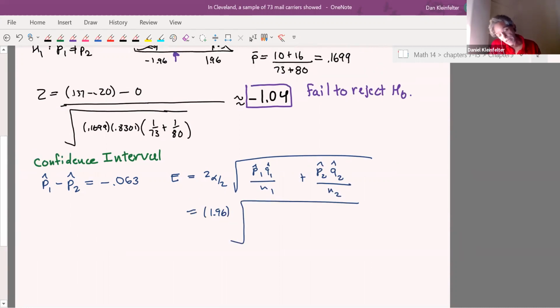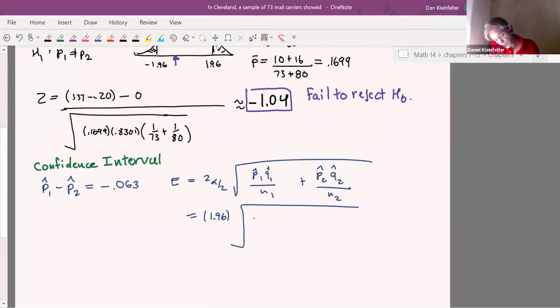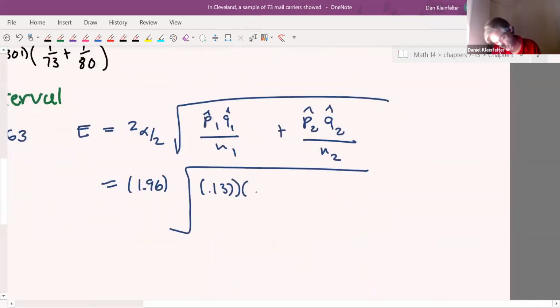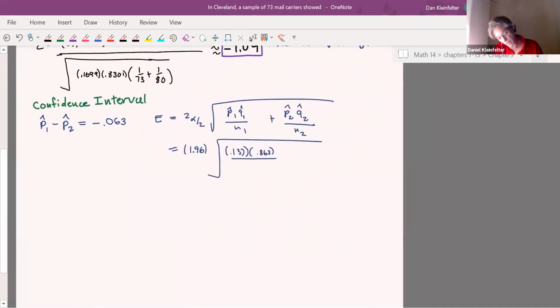Our P1 hat was 0.137. And then our Q1 hat will be its complement, so that's 0.863. And that's divided by our first sample size, which was 73.